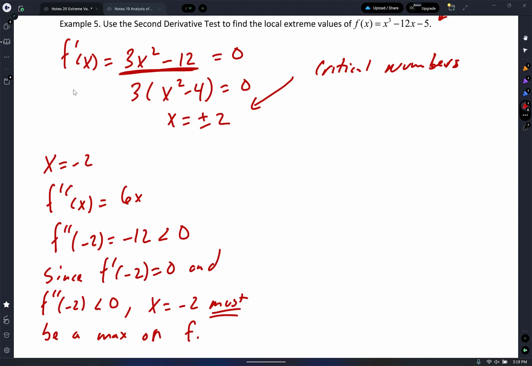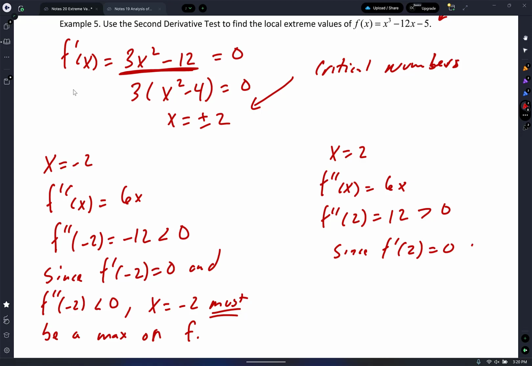Cool or not cool? All right, now let's try the other one, x equals 2. I already know that f prime of 2 is 0. So I'm going to write f prime prime of x. We already know that's 6x. F prime prime of 2 is 12, that's positive. Since f prime of 2 equals 0, and it has to be both of these conditions, and f prime prime of 2 is positive, take your little hand: concave up, there's your critical point.